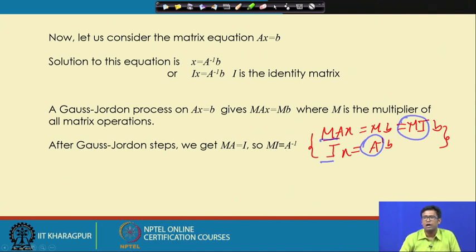This is a very elegant way of finding A inverse. In a sense, we do not need to go into the intricate process of finding cofactors of minors of each element in one particular row and doing a series of determinant calculations and then finding A inverse, which we initially proposed when we were discussing determinants.